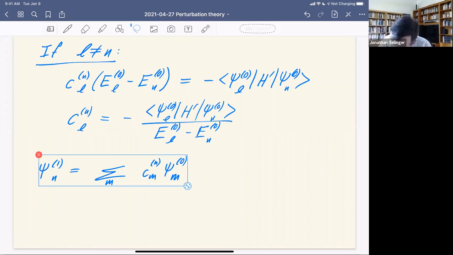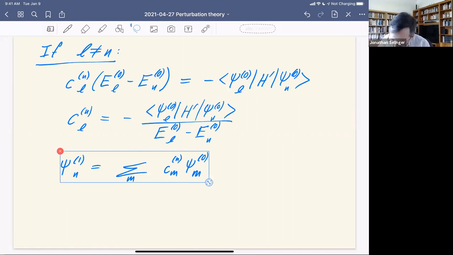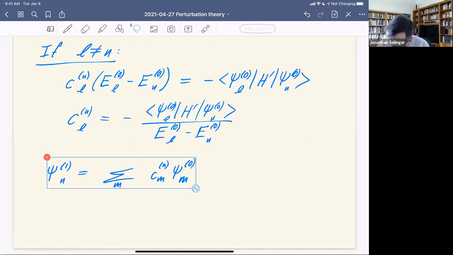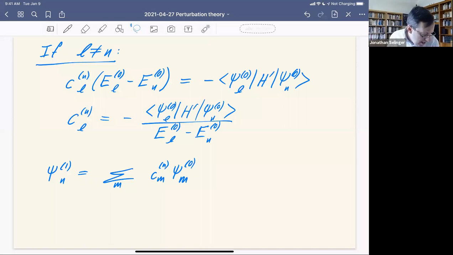All right, so we want to know what is psi 1. So here's our equation. And so now we know all the C coefficients when L is not equal to N. So what does that give us?